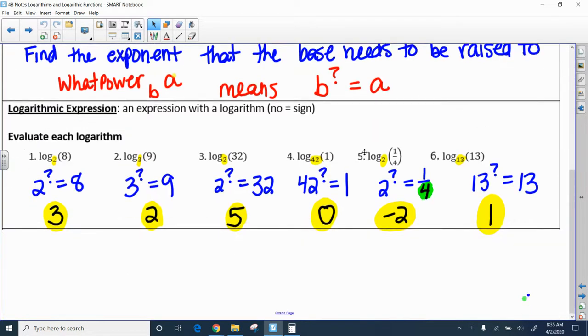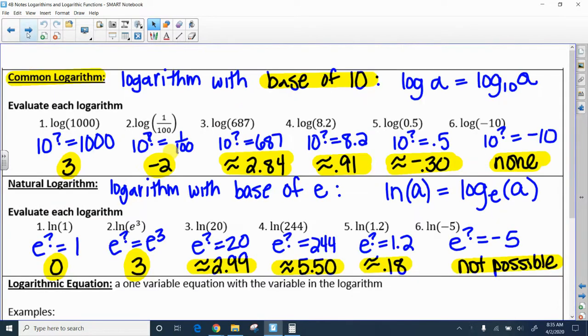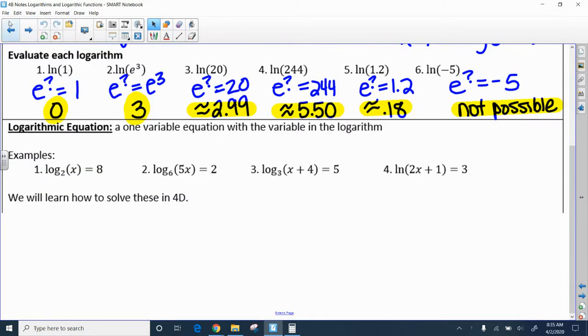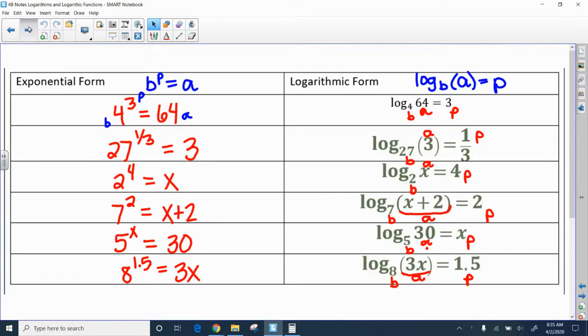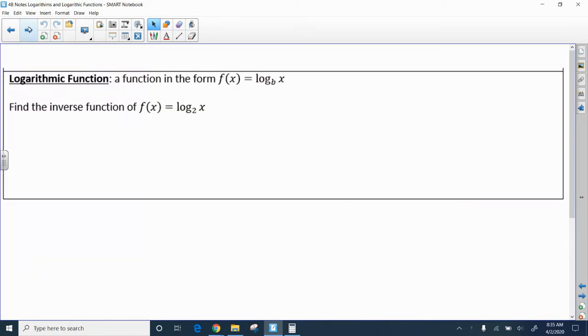So we have seen logarithmic expressions, and we've also seen logarithmic equations, and now we are going to talk about logarithmic functions. So a function, remember, has an input and output. So a logarithmic function is a function in the form f of x equals log base b of x.